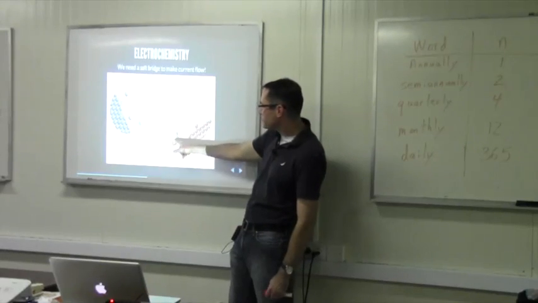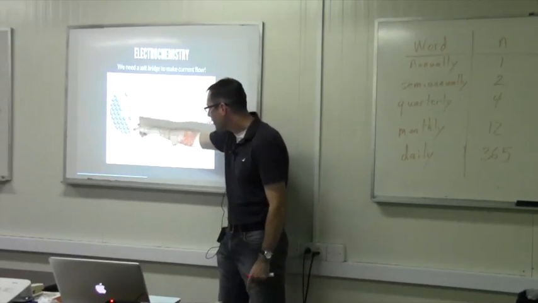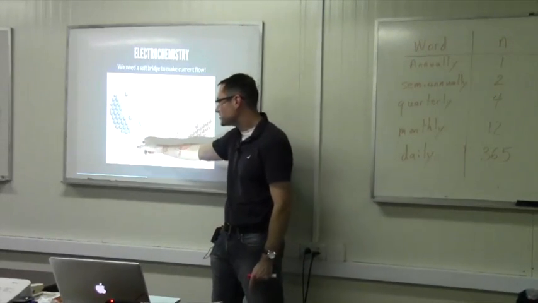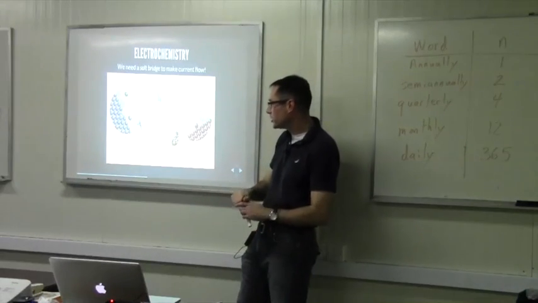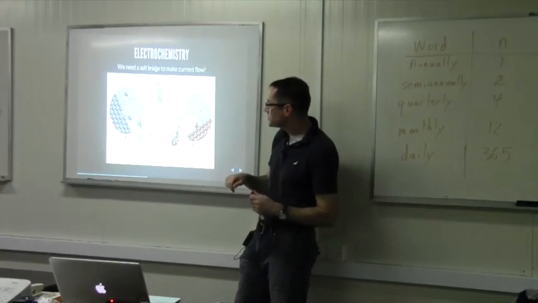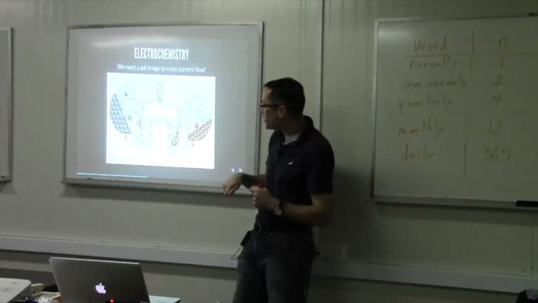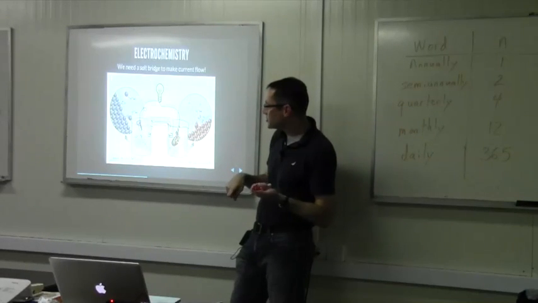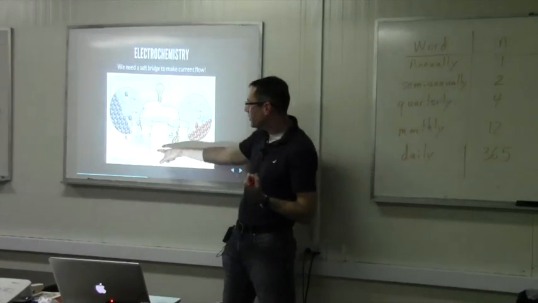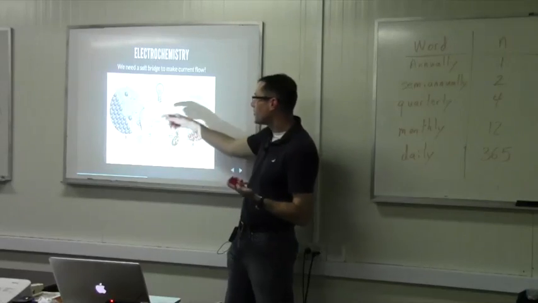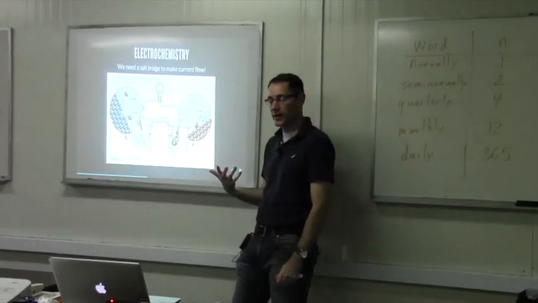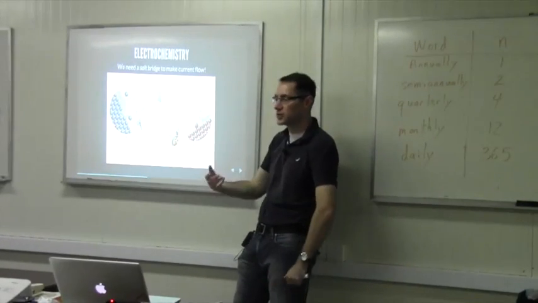So what happens is you can get electrons going through the whole system because of this little salt bridge. So you end up with a situation where you've got the electrons now flowing through, and you've got a chemical reaction that produces current.